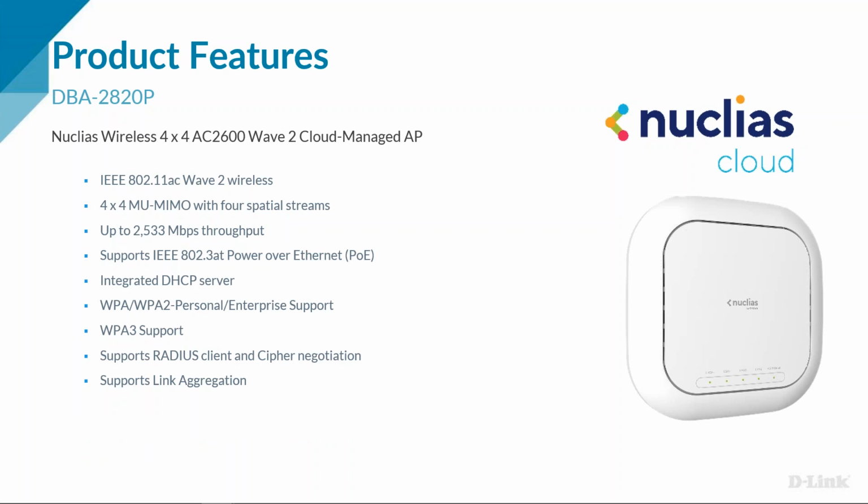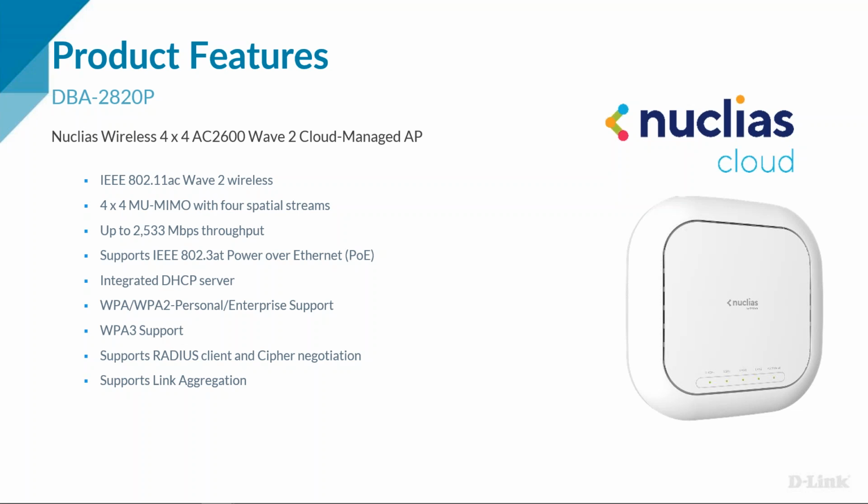The DBA 2820, this is a bigger beast. This is designed to do a bigger broadcast, push it out there, and get as many clients connected in a smaller range as possible. So maybe you'd be looking at multiple rooms, or you'd put this in, let's say, a sports hall for a school or something like that.